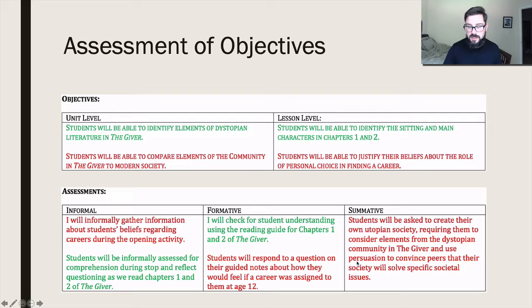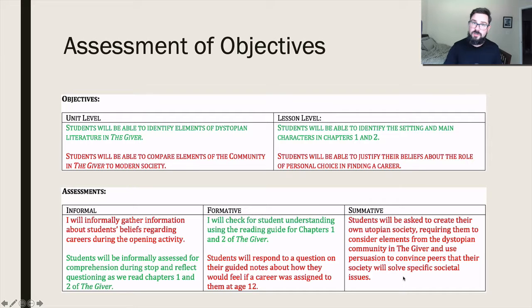And then my summative assessment, as I mentioned, will stay the same, just as these unit level objectives will stay the same. I'm planning to ask students to create their own utopian society by the end of the unit, and that's the activity I'm going to be measuring.